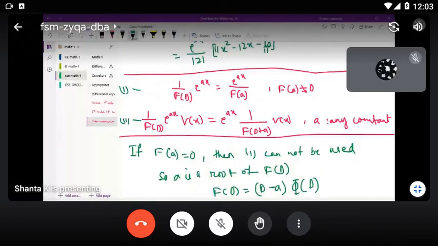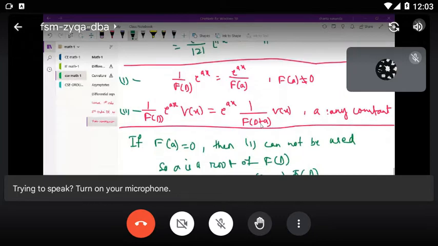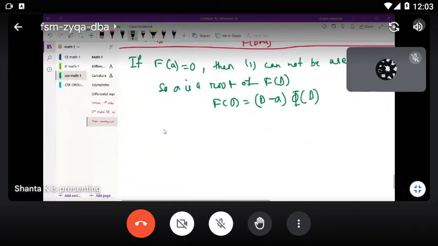Okay, so we will split this one and we use the second formula now. Suppose here we have 1 by f of d e power ax. We will rewrite this in terms of d minus a into phi of d.